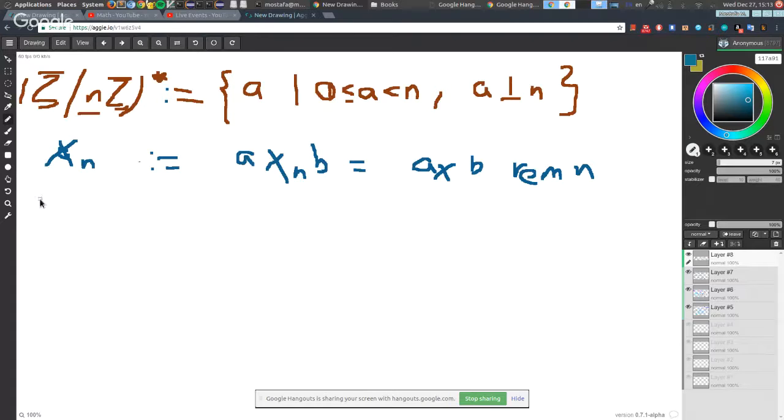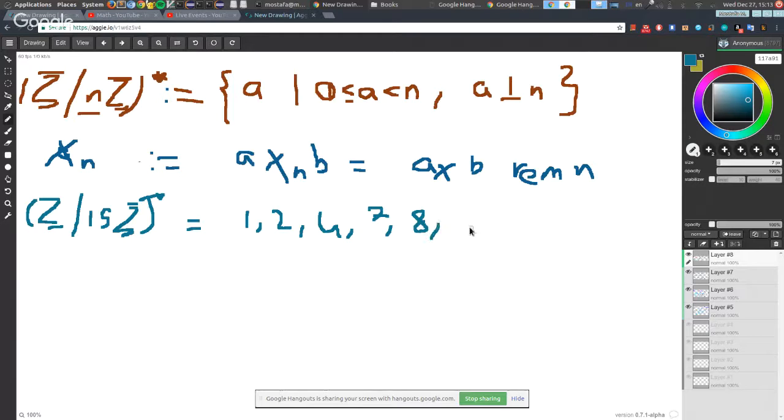Example, the Z15. This has the elements 1, 2, 4, 7, 8, 11, 13, 14.